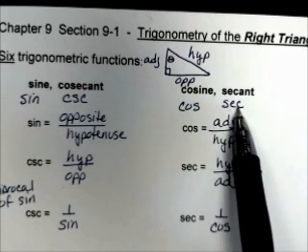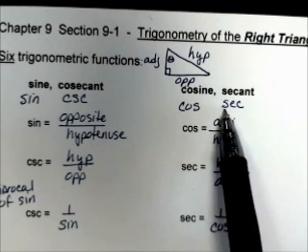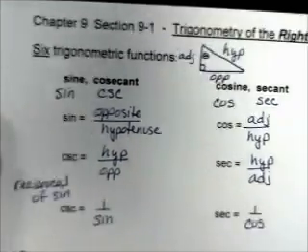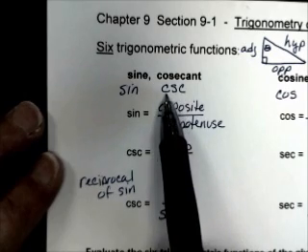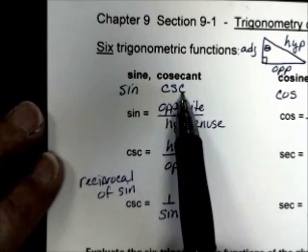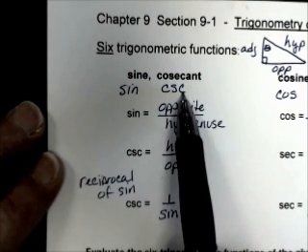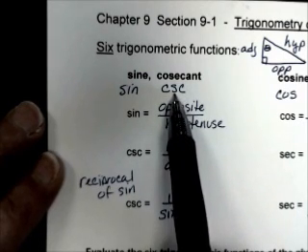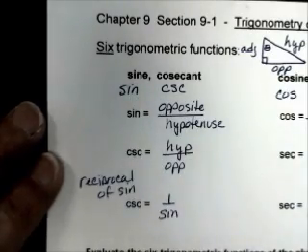So I remember that secant is the reciprocal of cosine by looking at secant backwards. How do I remember that cosecant, which is abbreviated CSC, is equivalent to the reciprocal of sine? Well, if I look at CSC, S in the middle here, there's just one S for sine. That's my trick.